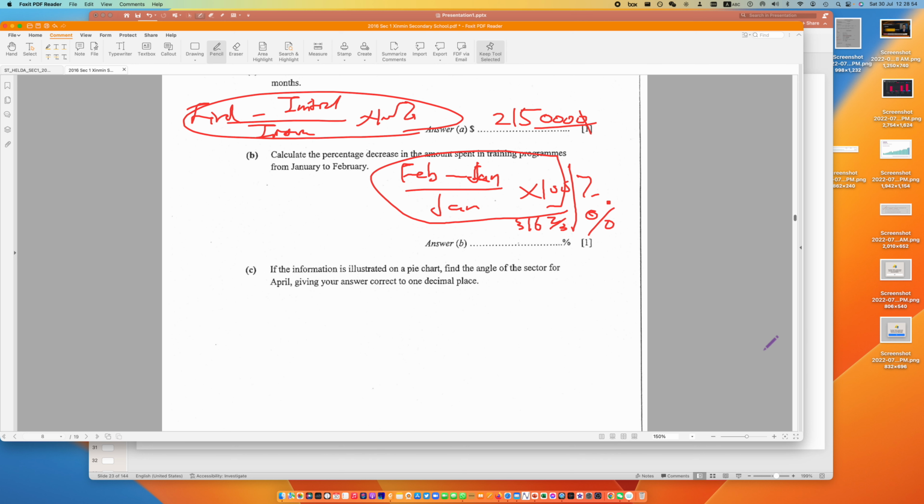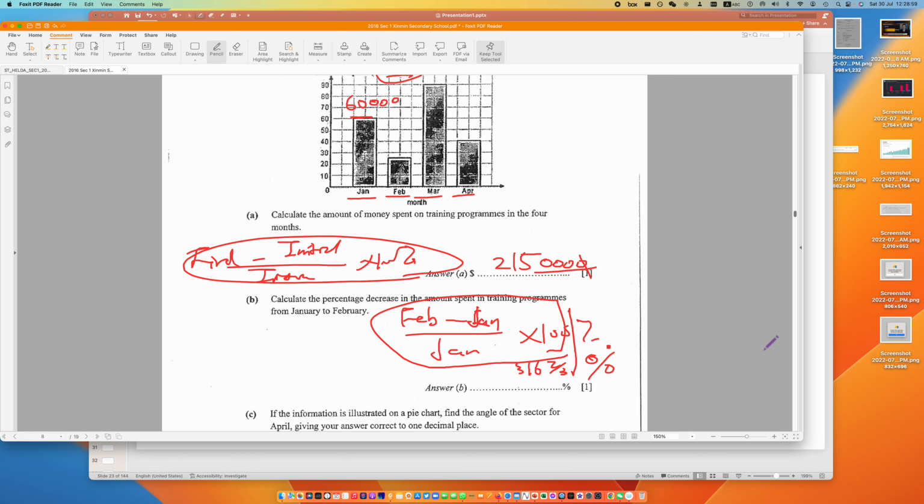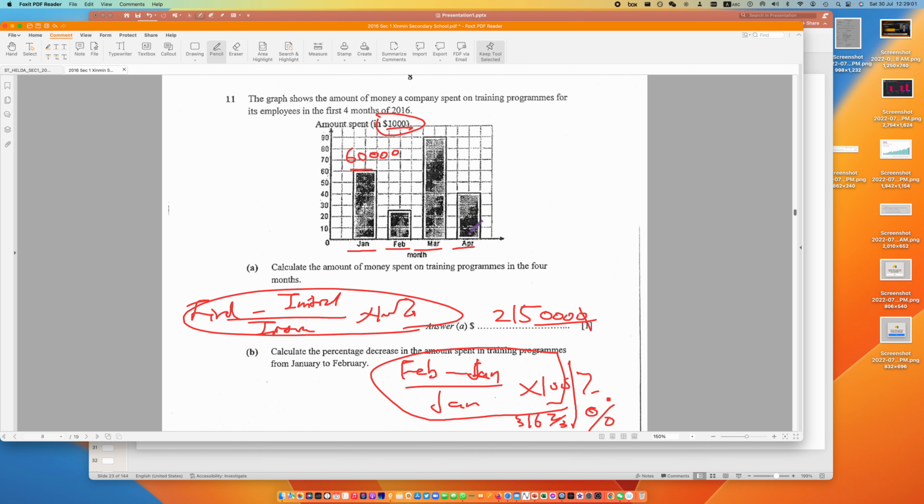So for April, what's the angle of the sector? Very simple. What's the fraction of this April? April of the whole thing. Hold on. Now what they want is to get this into a pie chart. So April represents how many degrees?